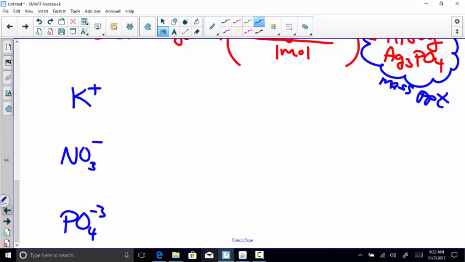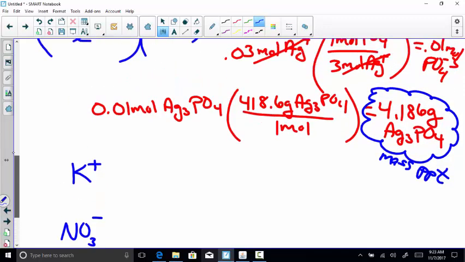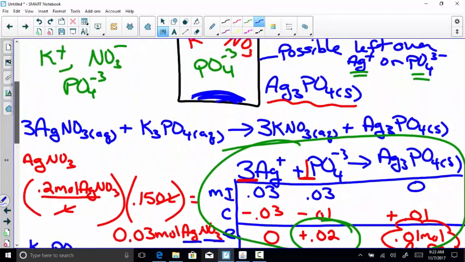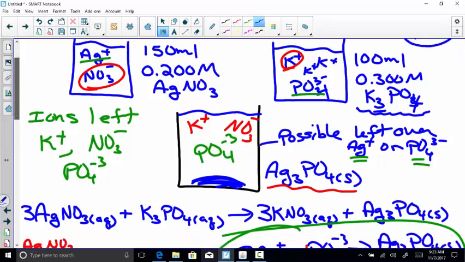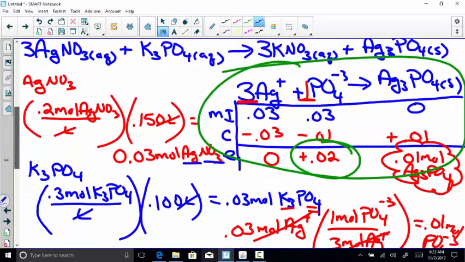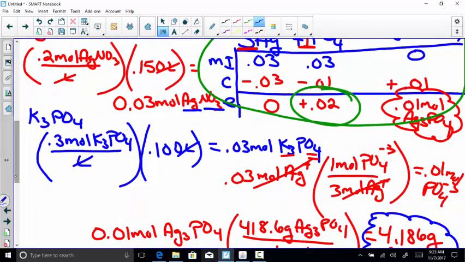Okay, so for the moles of the potassium ions, those came from the K3PO4 solution. Okay, and I'm going to go back up here, and I'm sorry to do this to you. So our potassium ions are coming from this solution, which we calculated here, okay?